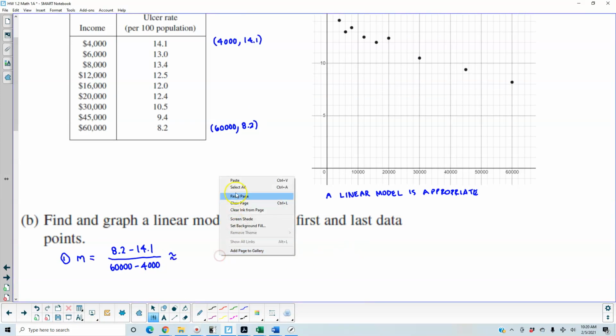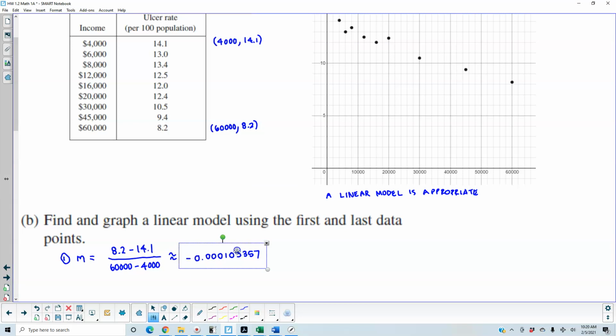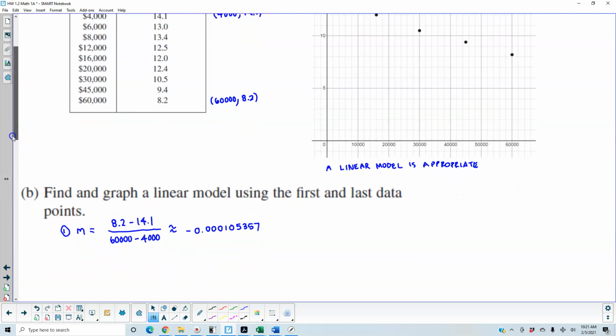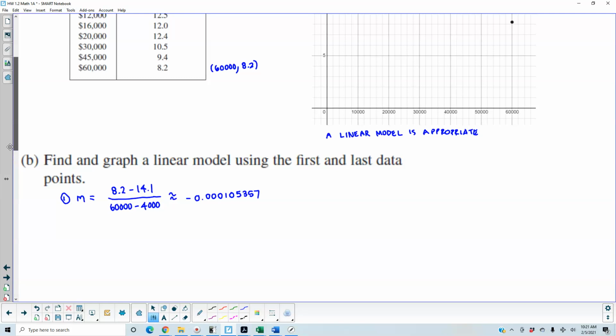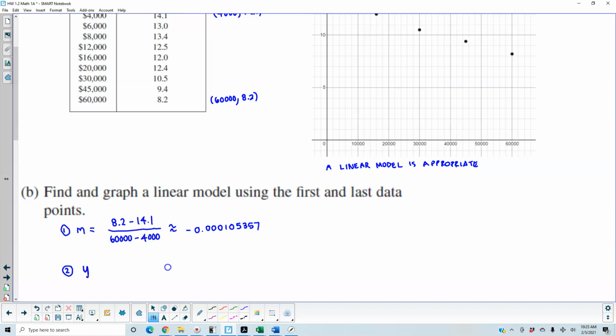So that gives us approximately negative 0.000105357. So there is our slope. And now we can use the point slope form: y minus y1, which is 14.1, is equal to the slope, negative 0.000105357, times x minus 4,000.